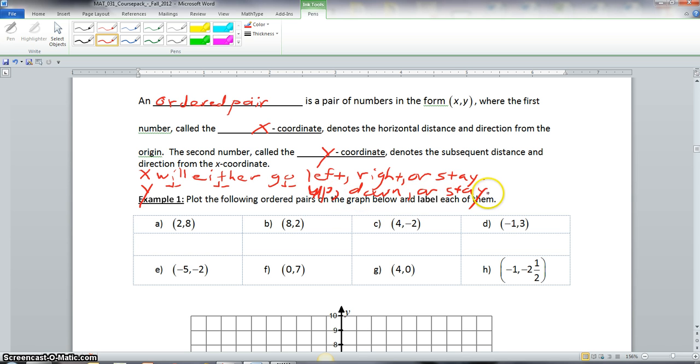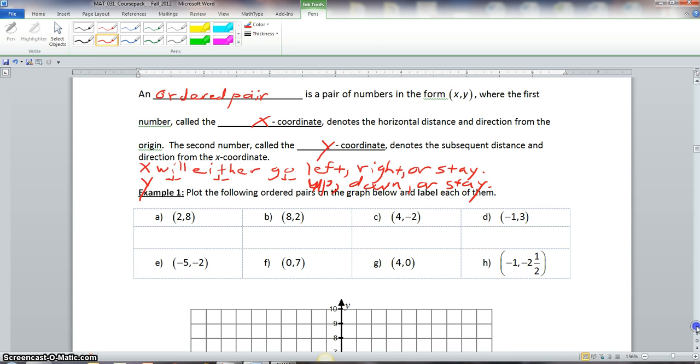Now, this is in relation to the x value. After you move your x value, whether it goes left, right, or stays at the origin, then you do your y value, and your y will either go up from wherever your x stopped, down, or it will stay. For y to go up, it must be positive. For y to go down, it must be negative. And for it to stay, y must be 0.